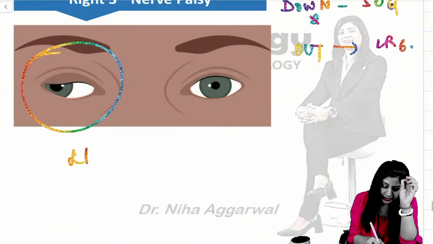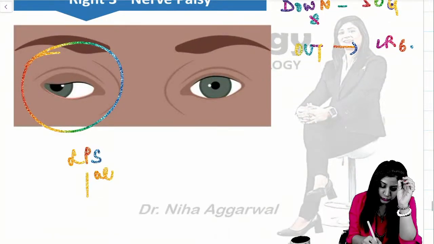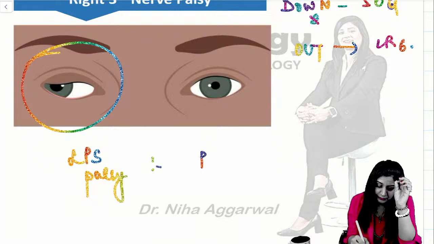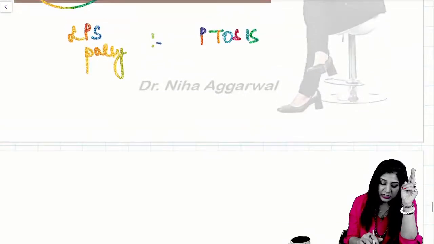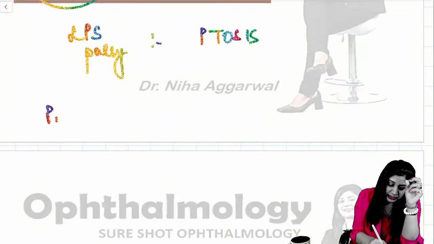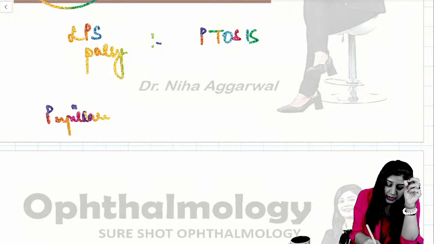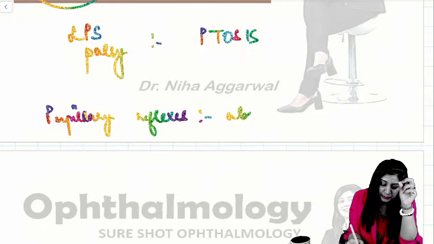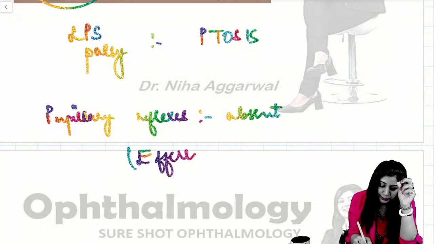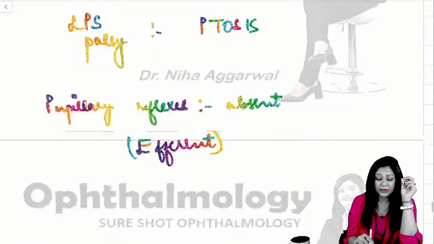We will also have the LPS palsy. Due to the LPS palsy, we will have ptosis. So in third nerve palsy ptosis is also there, down and out is there. Along with this, pupillary reflexes. If I am talking about the pupillary reflexes, these are absent because the third nerve is the efferent nerve. So pupillary reflexes are not present here.